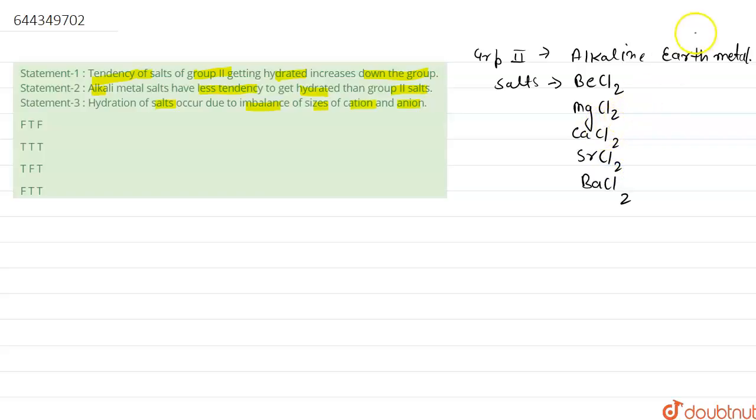So we have to check the hydration of these compounds. First of all, we should know about the term hydration. In hydration of any species, water molecules surround that species. This is known as hydration.